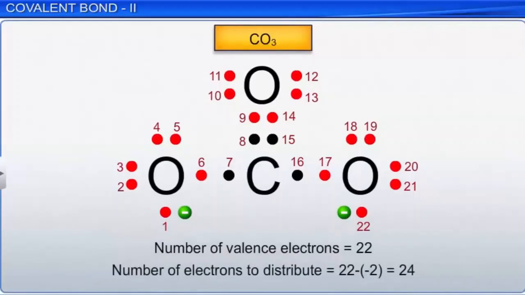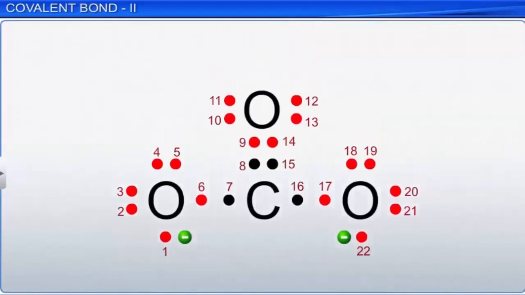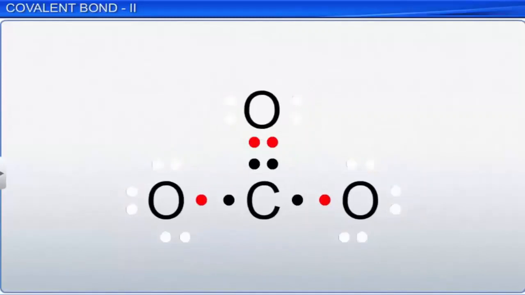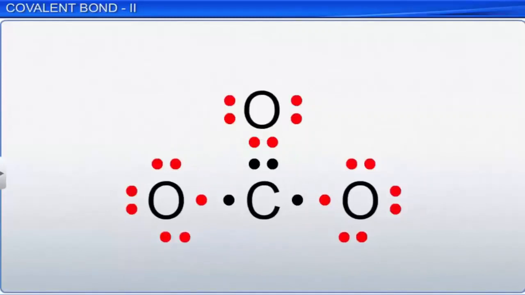In the Lewis structure, the least electronegative atom occupies the central position, which is carbon here. Now, when 24 electrons are distributed among 3 oxygen and 1 carbon atoms, it looks like this. After assigning electrons, the remaining electrons are utilized for multiple bonds or remain as lone pairs.